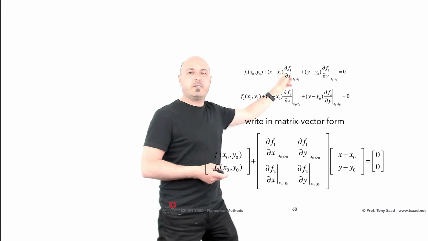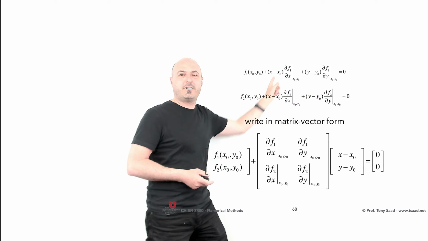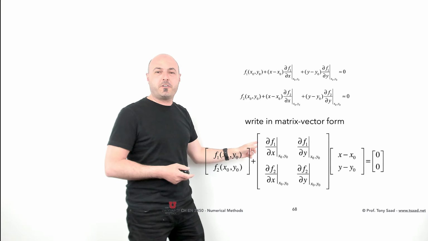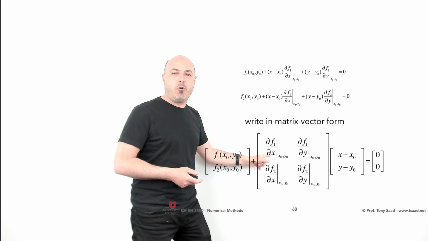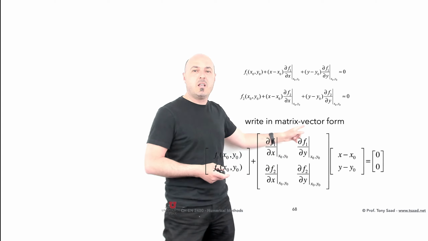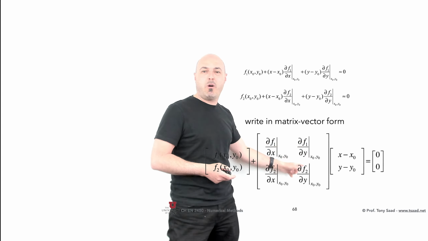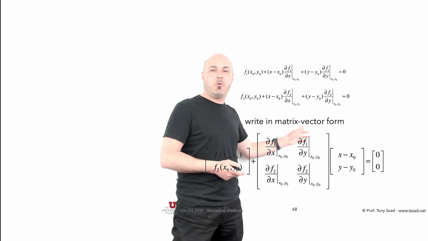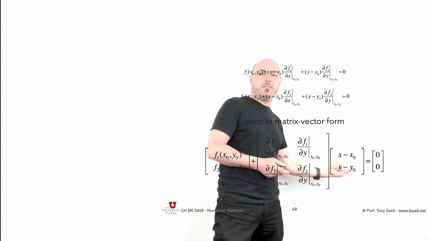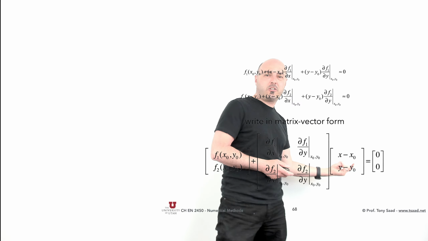The matrix is right in front of you, a 2 by 2 matrix in this case. The coefficients are the partial derivatives of f1 with respect to x, f2 with respect to x, f1 with respect to y, and f2 with respect to y, all evaluated at x0, y0. And then you have this solution vector equal to 0.